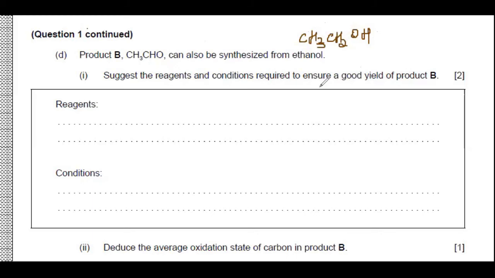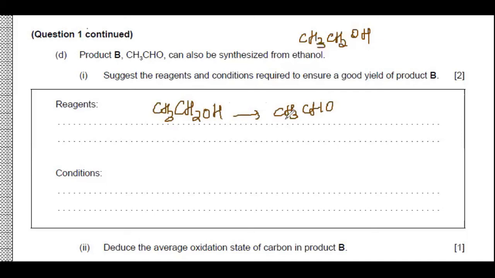Actually, what happens is if you want to convert ethanol to ethanal, it has to be oxidized with potassium dichromate or potassium permanganate.